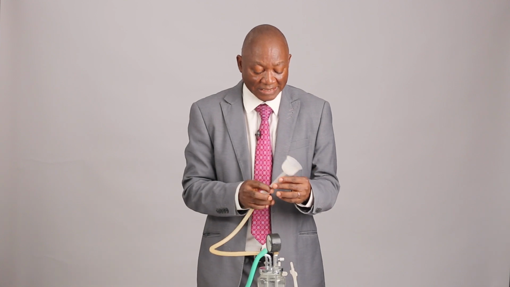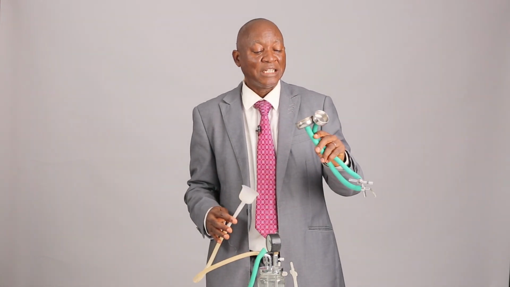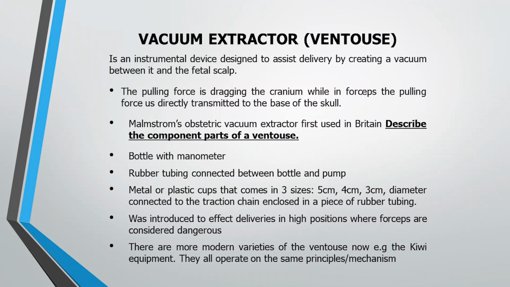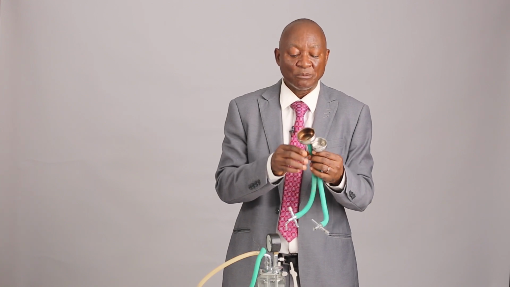These cups are in 3 sizes. Initially, when Armstrong started, he was using a metallic cup in 3 sizes: 5 cm, 4 cm, and 3 cm. What I have here is a 3 cm size and a 4 cm size. But most of the time, we tend to use the 5 and 4 centimeter cup.